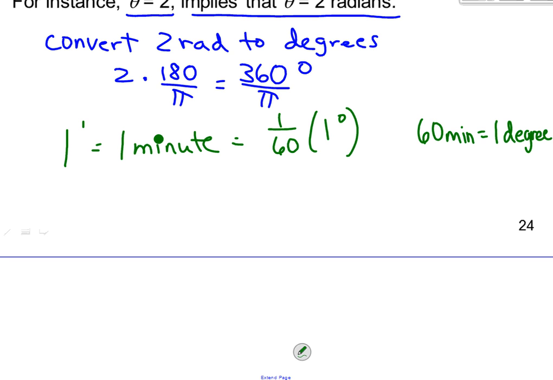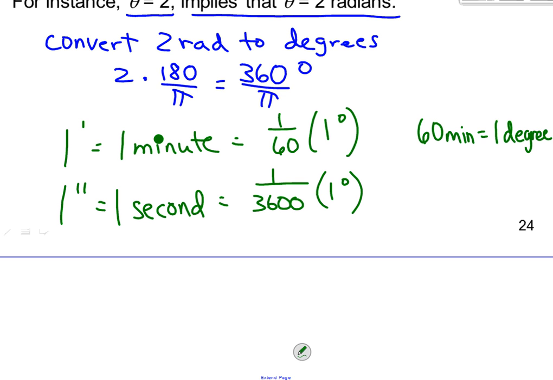And then 1 second, which is 2 hash marks, is equal to 1 over 3,600 of 1 degree. So 3,600 seconds equals 1 degree. It's that 60 times 60.